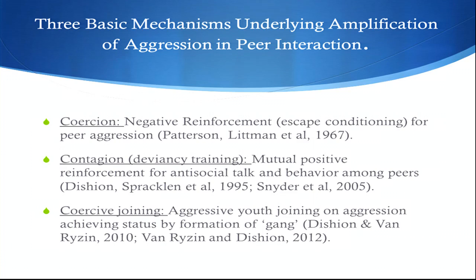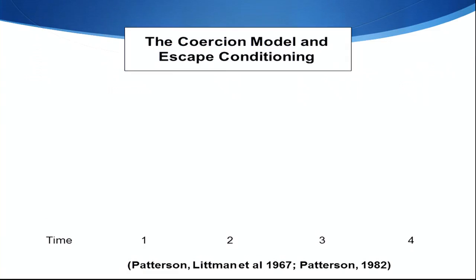And then more recently, I've been looking at coercive joining, which is when a number of youth join on the basis of their shared value of aggression and talk and plan attacks or retaliations against other groups. These are all normal, believe it or not, these are normal kids' behavior. This is not necessarily pathologizing it, but these are just describing what some of the dynamics are.